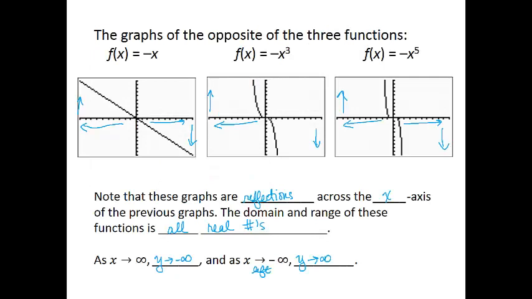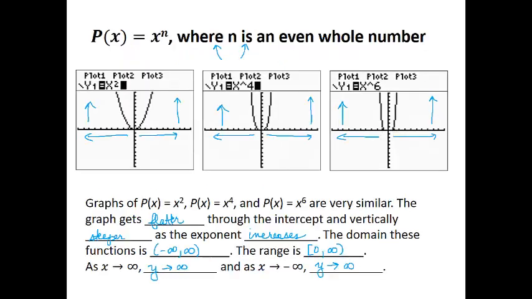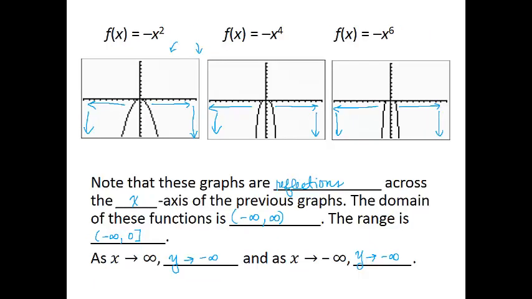And when we had the odd degree but a negative coefficient, it went up to the left and down to the right. An even degree with a positive 1 coefficient went up to the left and up to the right. And a negative coefficient with an even degree went down to the left and down to the right.